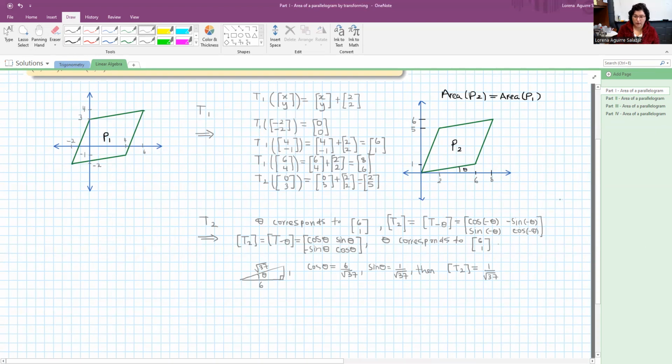We can pull that root out, because every term inside this matrix has denominator root of 37. So this is going to be 1 over root of 37 times the matrix with rows 6, 1 and negative 1, 6.